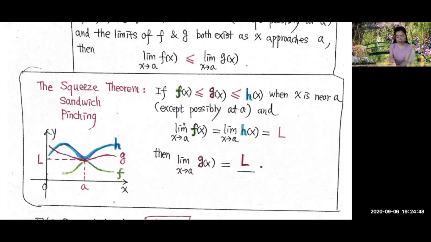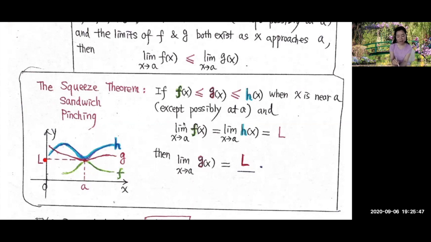So h is above, g is in between, and f is below, near this a. What happens here is if the limit of f and the limit of h as x approaches a both exist and equal the same number L, then this function that's being squeezed by these two functions will have the same limit as x approaches a, equal to L also.